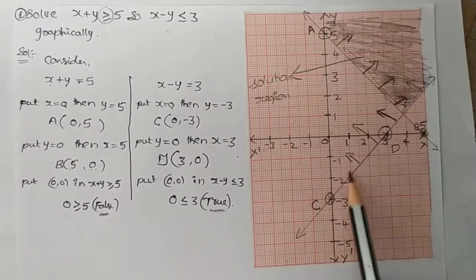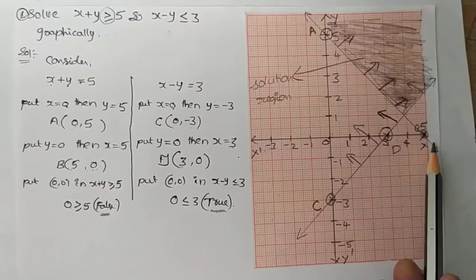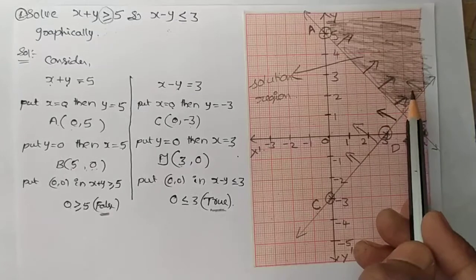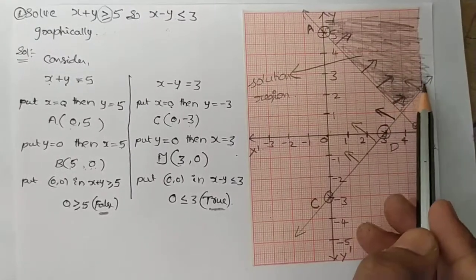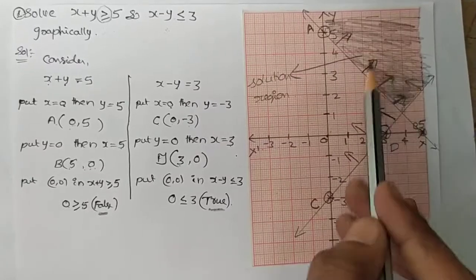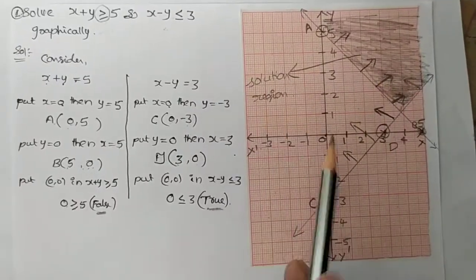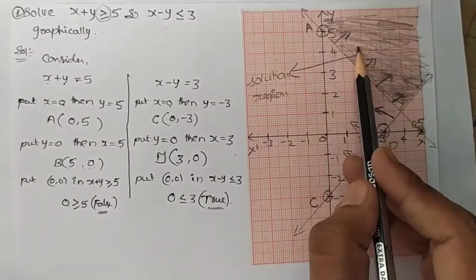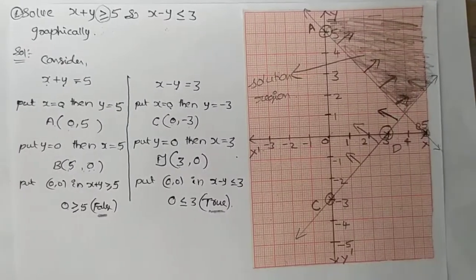It is the second inequality and it is the first inequality. Where these regions coincide, we have to shade. This region will be the solution region. If you want to shade elsewhere also, you can, but the solution region should be very clear. Understand?